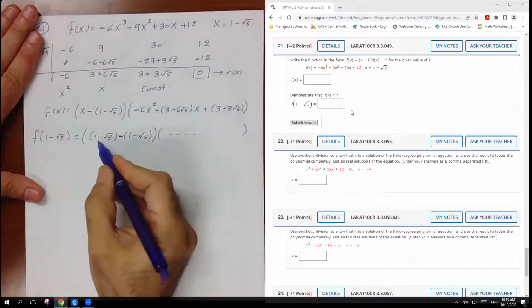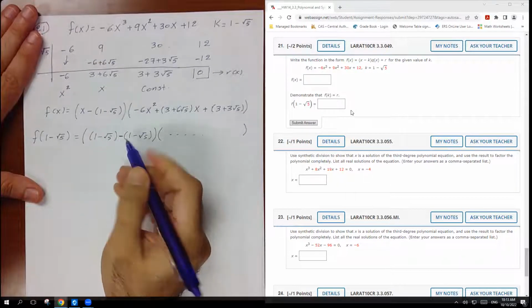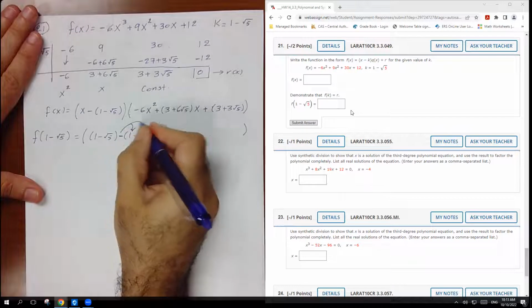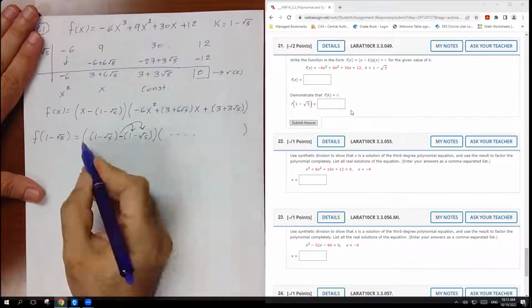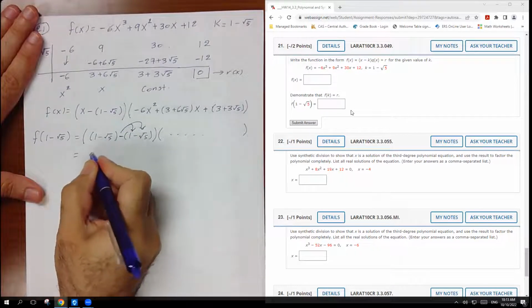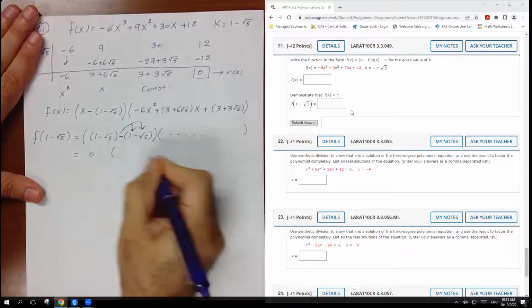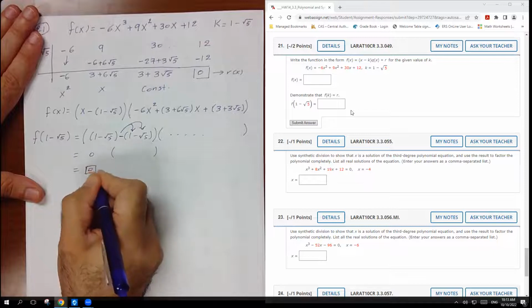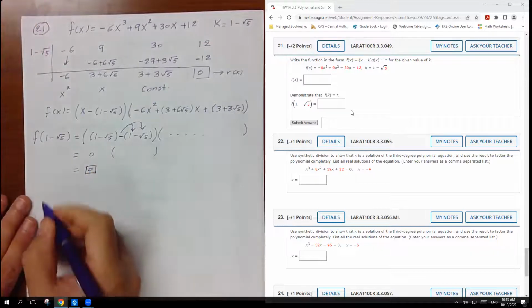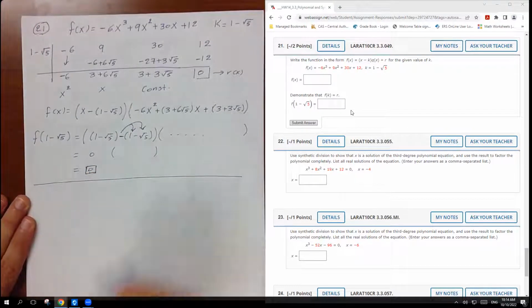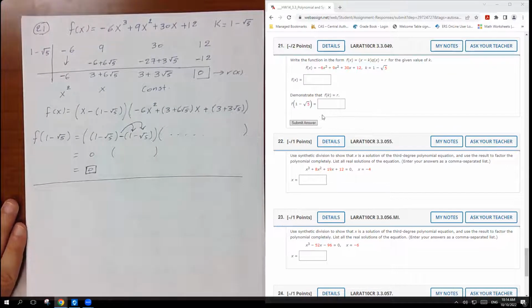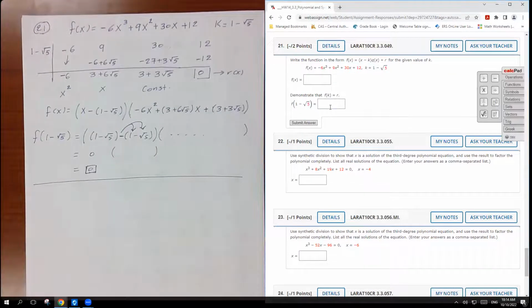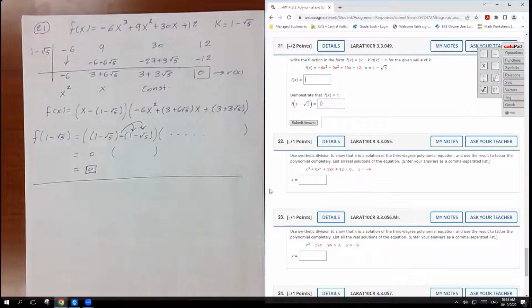But on here, if you distribute the sign, this is going to be negative 1 plus the square root of 5. That means everything here is going to be equal to 0. 0 times anything is going to be 0. This is for the second part. So here is going to be 0. And let's check the first one. It's really long.